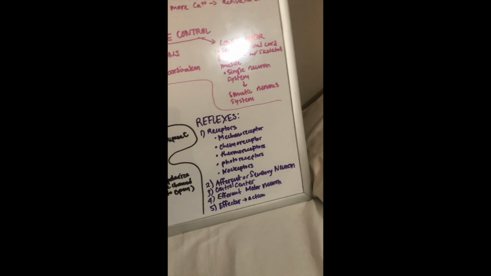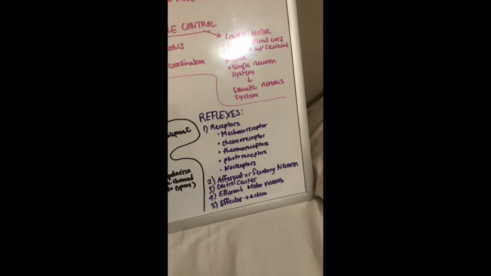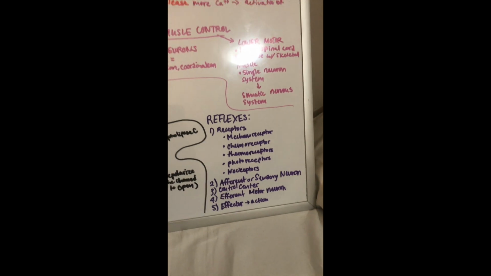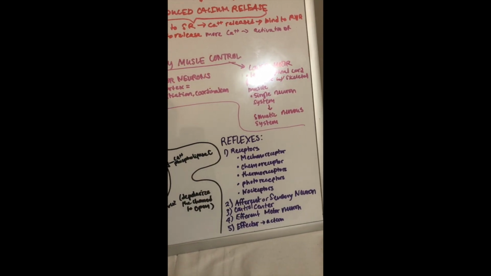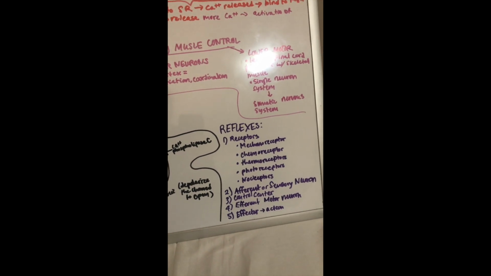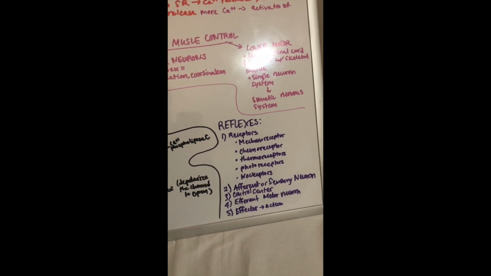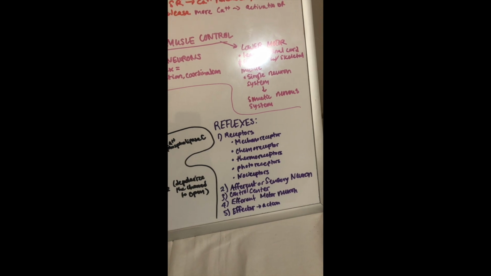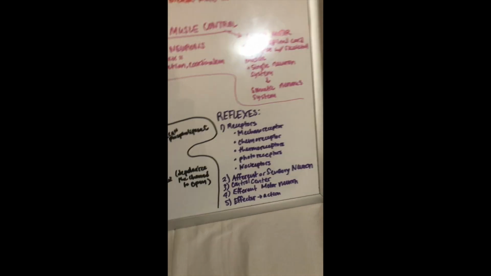Photoreceptors respond to light, and nociceptors are pain. Then you have afferent or sensory neurons, and then the control center where all the action happens and things are decided. Efferent is away from, and then you have the effector, which is the action that takes place.